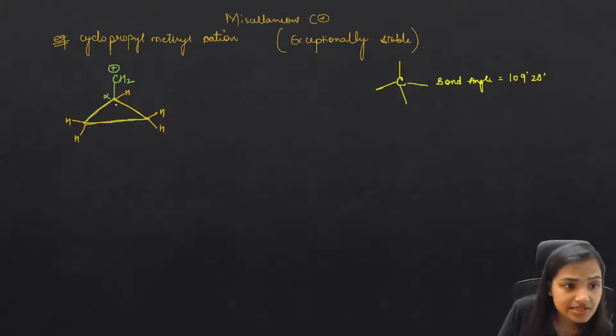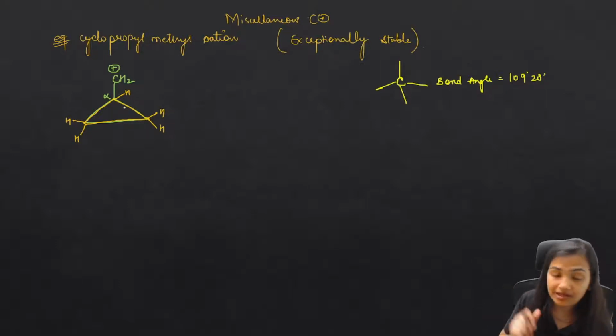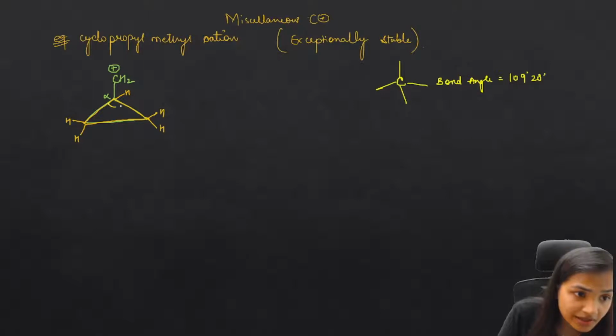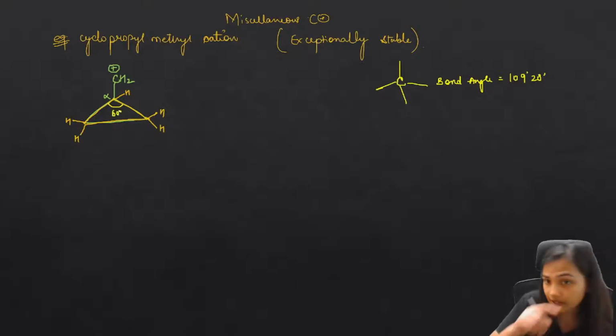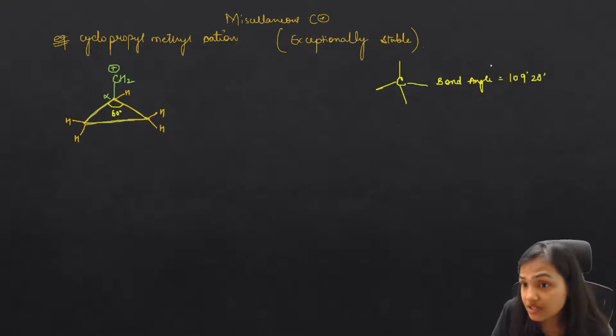But here we can see that this is a triangle. This is cyclopropyl, so because of the cyclopropyl, the angle is going to be 60 degree. So here the bond angle is not 109 degree; the bond angle has decreased to 60 degree.